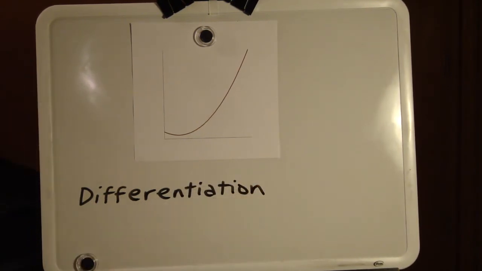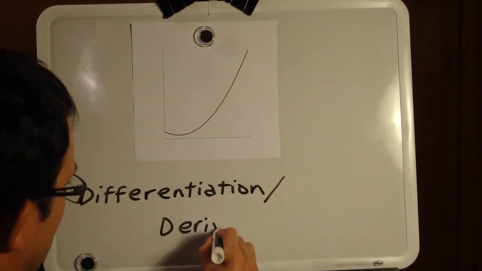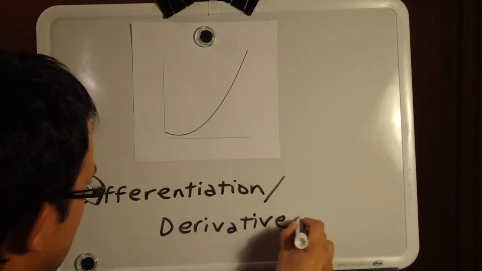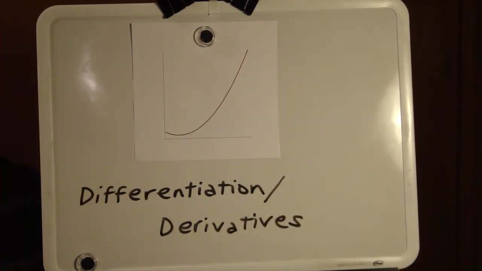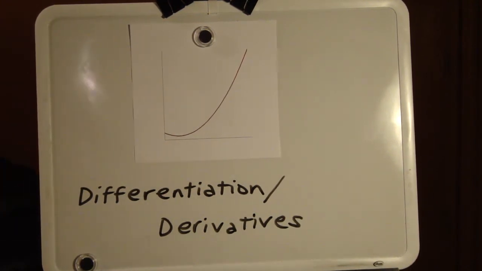So we can talk about derivatives or the operation of differentiation. Or you can use this term here. I'm going to do a very similar development here on this graph, so this way we can talk about the general definition of how to take the derivative of a function.